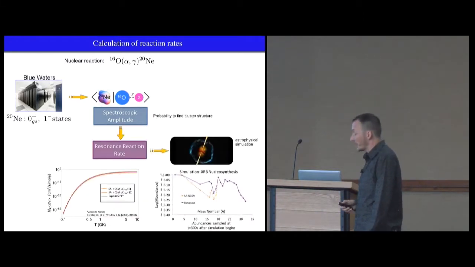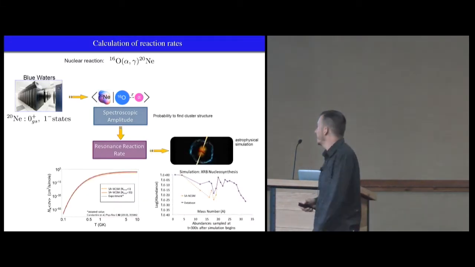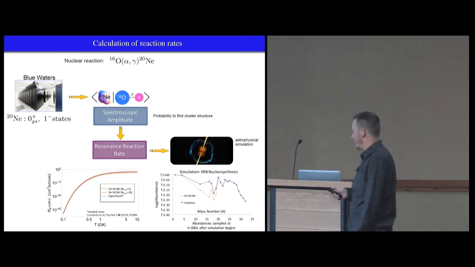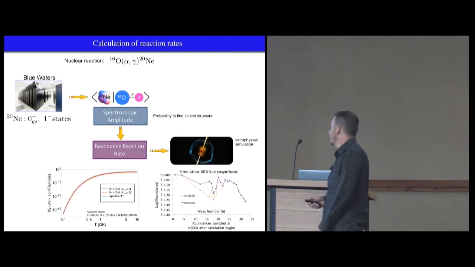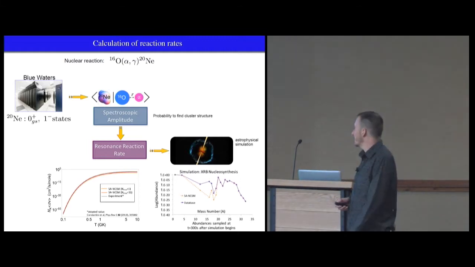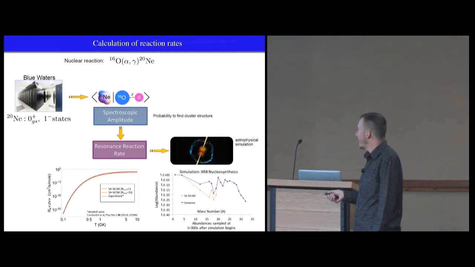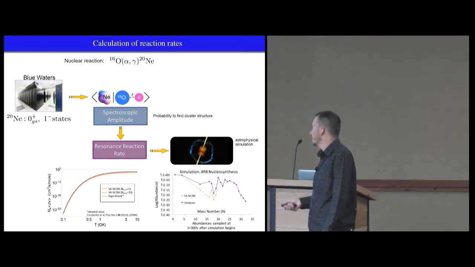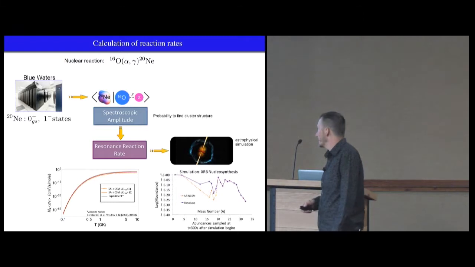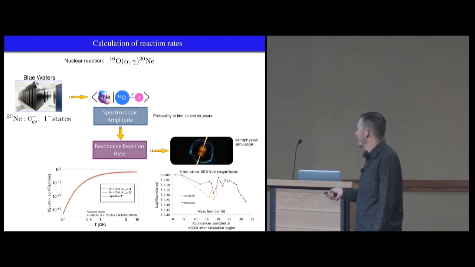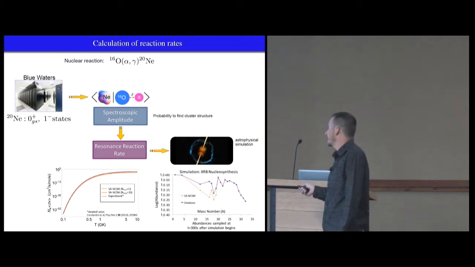From spectroscopic amplitudes, she gets reaction rates, which can then be used as an input to simulate X-ray burst nucleosynthesis. And this just shows how sensitive the abundances of isotopes created in this cataclysmic event are to the reaction rate of a single reaction.